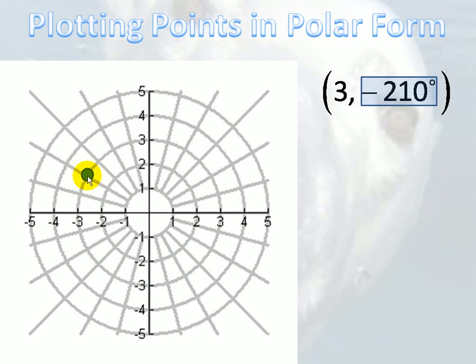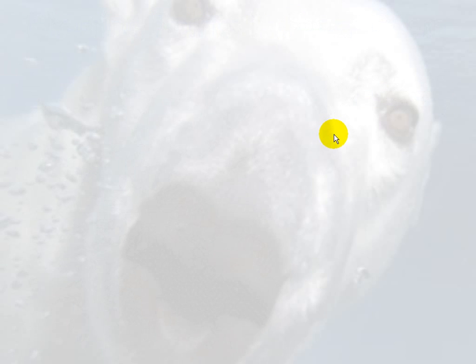So that's how we deal with the negative angles. We're just going back to when we learned how to graph angles. It's no different, but now we're given a directed distance.